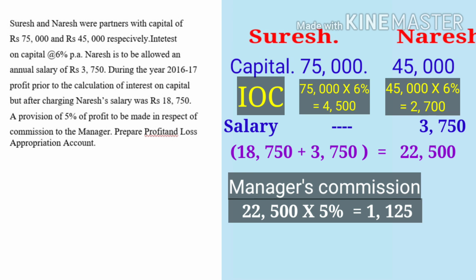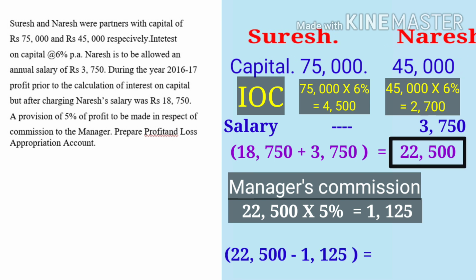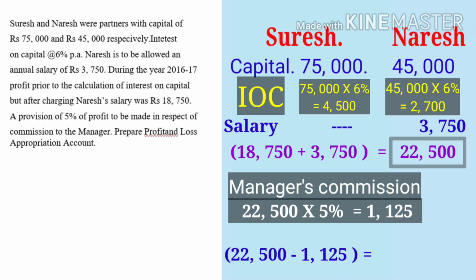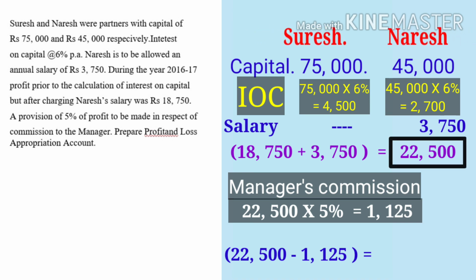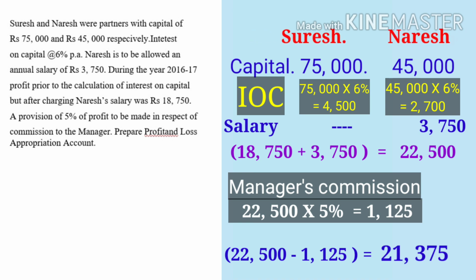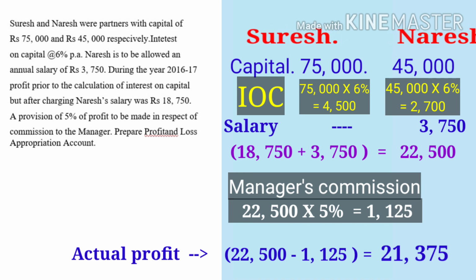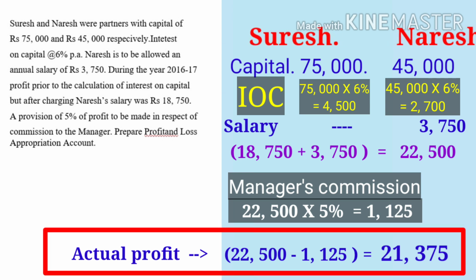We have to ascertain profit after charging all the expenses from the profit and loss account. Again, our profit will change. That is, our profit is 22,500 minus manager's commission 1,125. The amount will be 21,375. This is the actual profit.